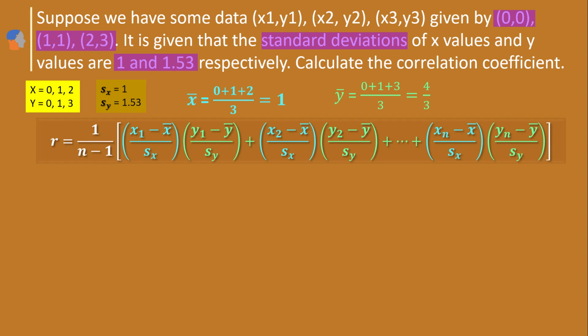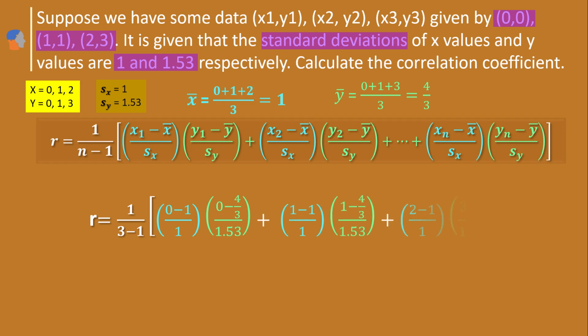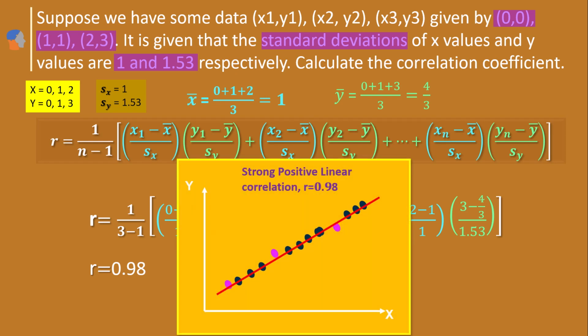Now, we can plug into the formula. n equals 3, so just plug in the numbers. The answer is 0.98. Again, this has a very strong linear relationship and x and y have a positive linear relationship. Okay, so you can draw something like this, a strong positive linear relationship or linear correlation.